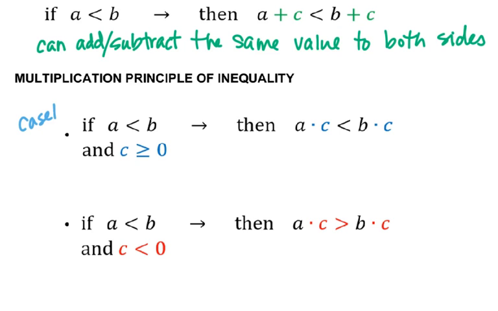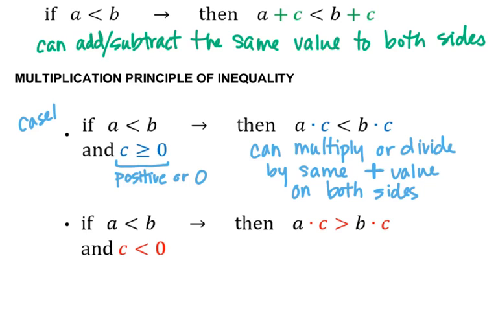Now, as we begin to deal with the multiplication principle, we have two cases. We have case one. Case one says that C value is greater than or equal to 0. So that means it's positive or 0. Well, if it's positive or 0, we can multiply or divide by the same value on both sides of the inequality.